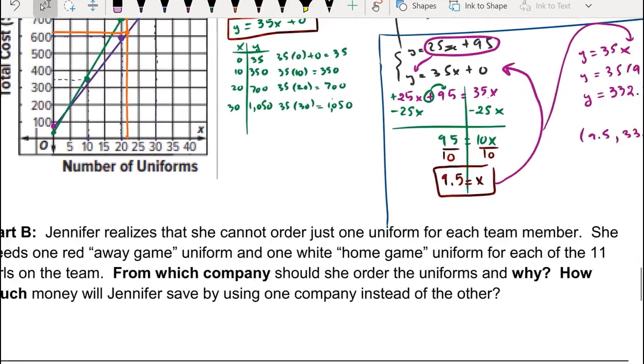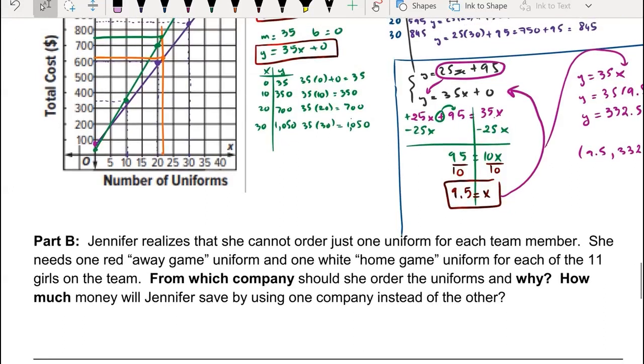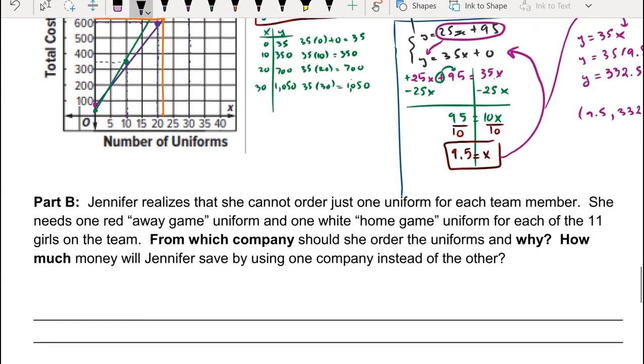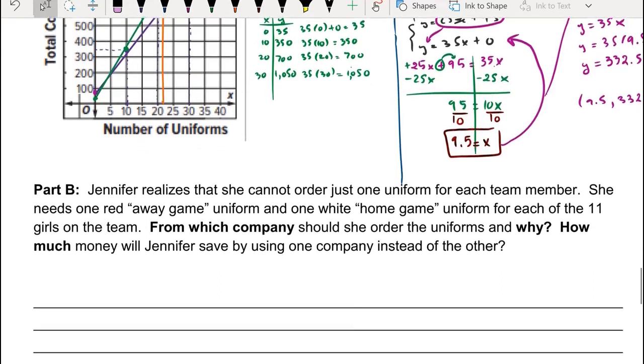Okay, so which company should she order the uniform from and why? Based on the graph, she should order the uniform from Unique For Me, because the purple line is lower than the green line, and by estimation they charge you about 625 instead of 750.